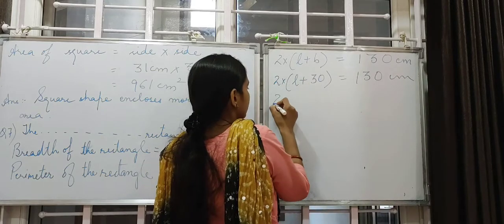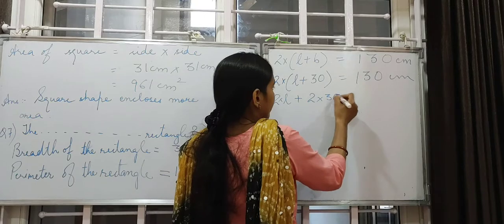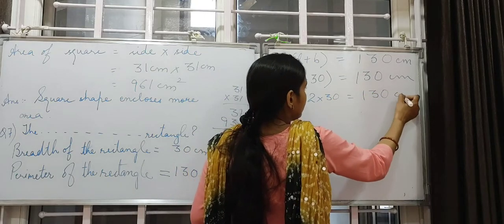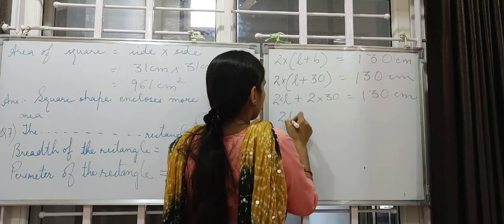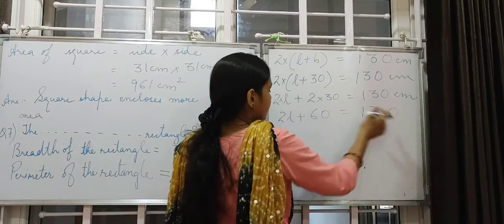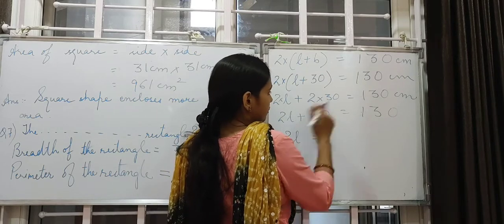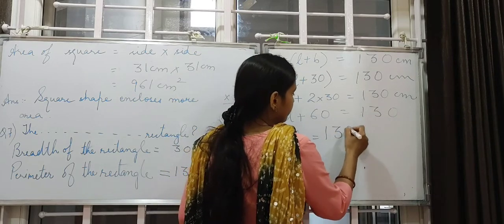Now this 2 multiplies inside, so it gets multiplied with L and it gets multiplied with 30. This becomes 2L plus 60 equals 130. 60 shifts this side, this is plus, it becomes minus.